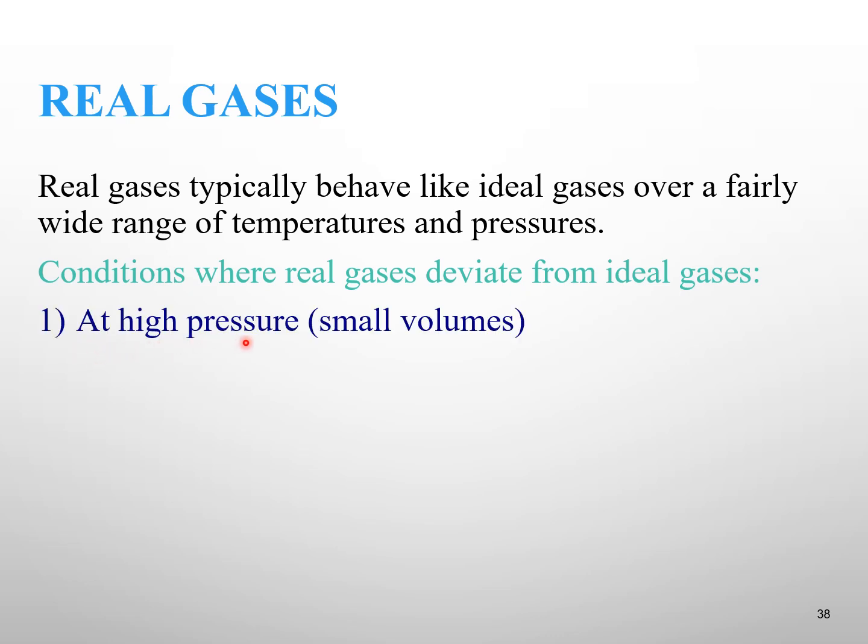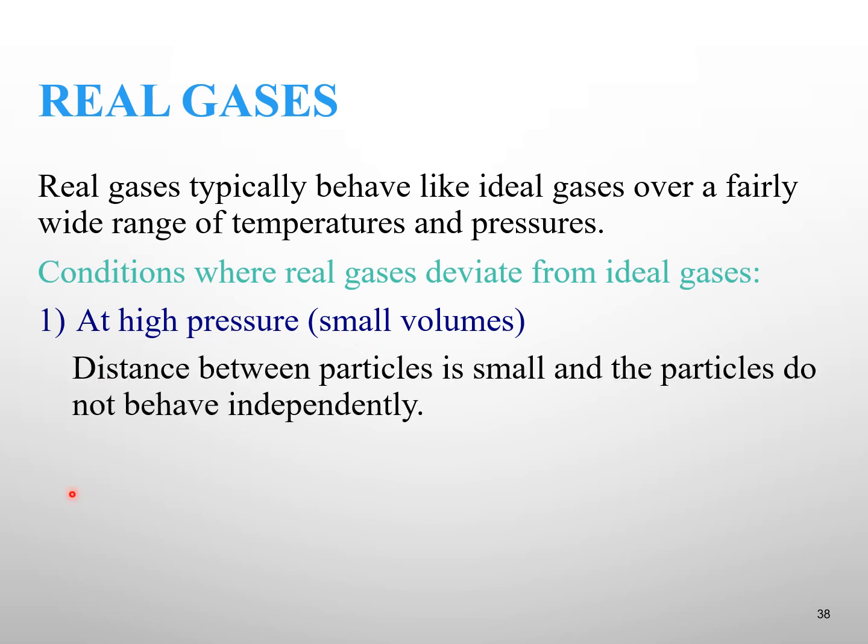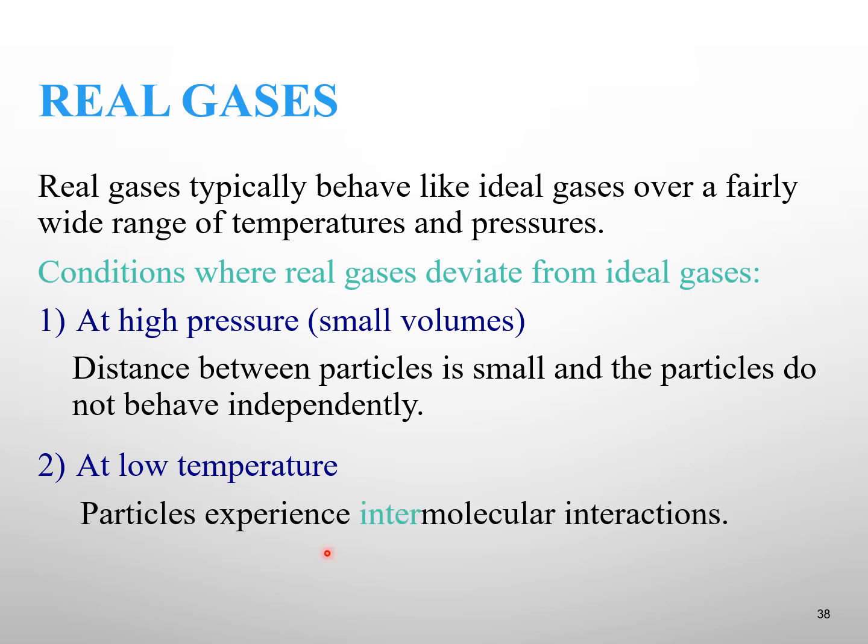When you have super high pressure, because you squish the gases too close together. One of the assumptions was the gas has a lot of space in between them. If you squish them, with really high pressure and small volume, that assumption falls apart. And at super low temperature, gases start to experience intermolecular interactions.